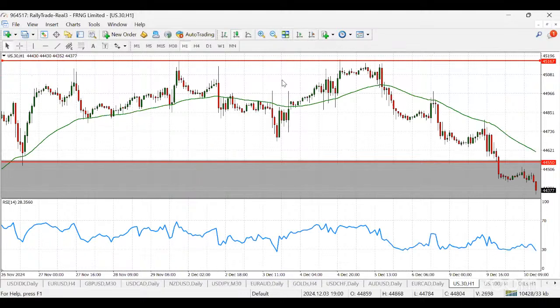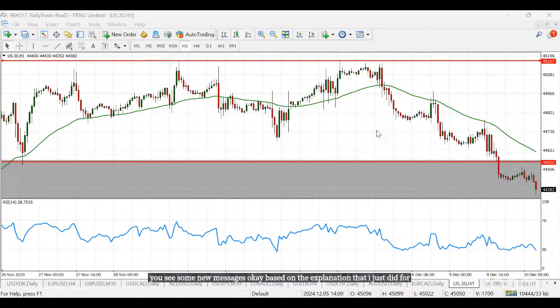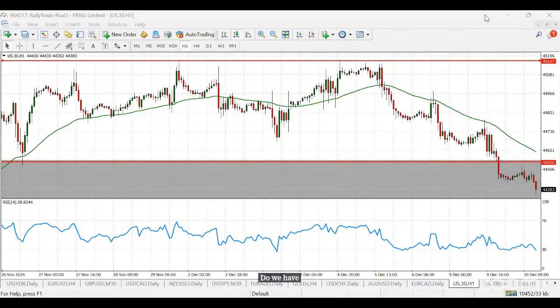Okay, and I hope we got that. All right, thank you very much. I see some new messages. Based on the explanation that I just did for US 30, relating it to the relative strength index, do we have any questions based on this?